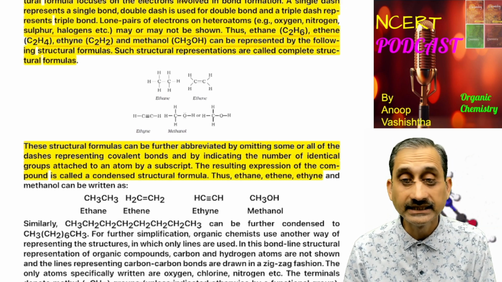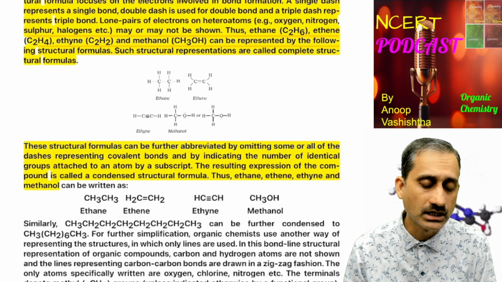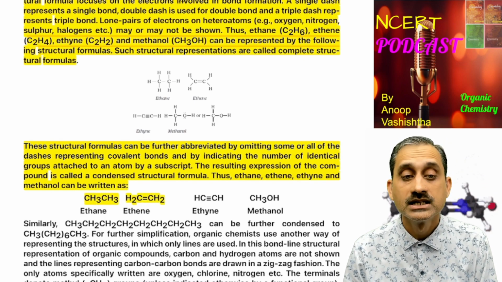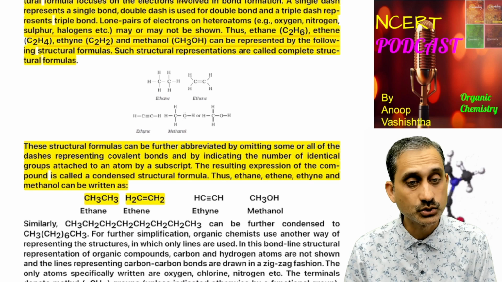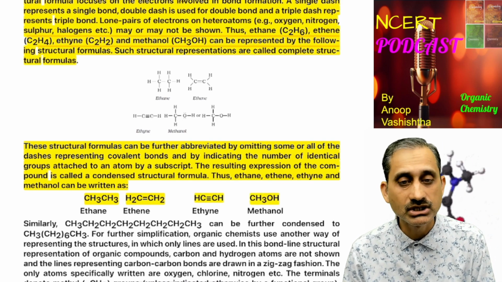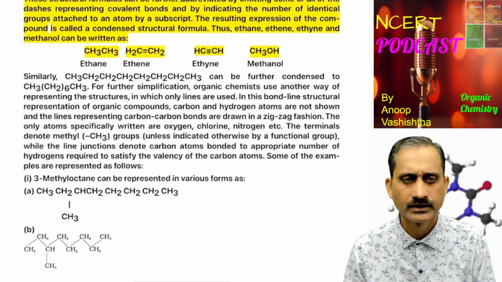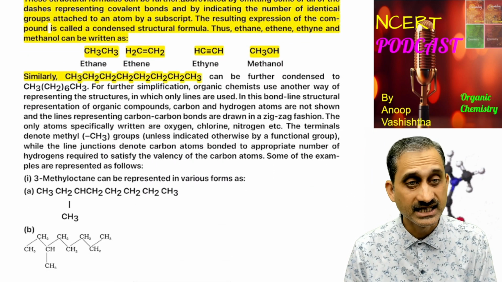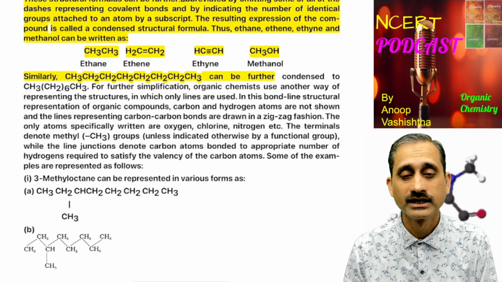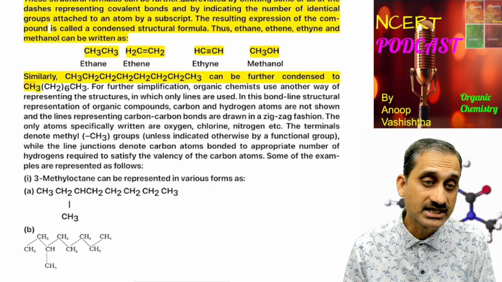Thus, ethane, ethene, ethyne and methanol can be written as CH3CH3, ethane, H2C=CH2, ethene, HC≡CH, ethyne, CH3OH, methanol. Similarly, CH3CH2CH2CH2CH2CH2CH3 can be further condensed to CH3(CH2)6CH3.